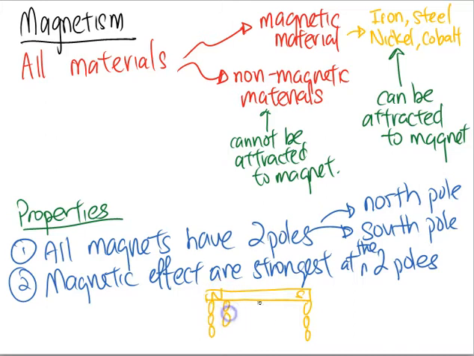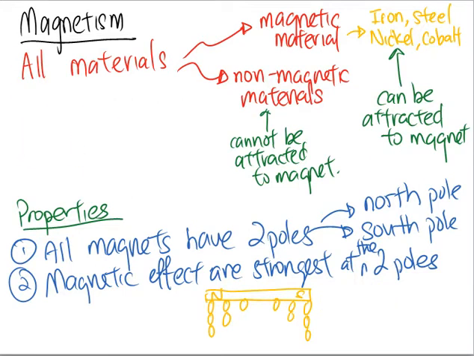When you come closer to the middle, the magnetic effect is lesser, so it only attracts 2. And finally, one paper clip here. So this shows that the magnet is strongest at the two poles.